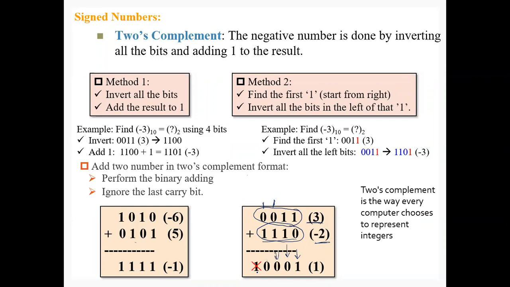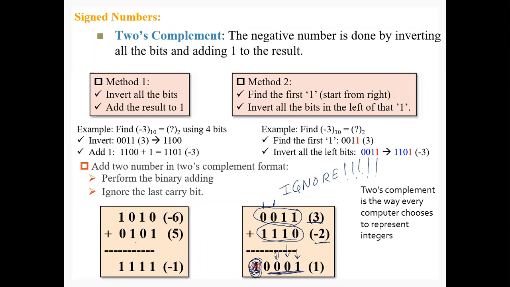When you add them together, you get a 5th digit also. In 2's complement, you always ignore this 5th one. Simply ignore it. Then what do you get? Don't worry about this guy. You just get 0, 0, 0, 1.